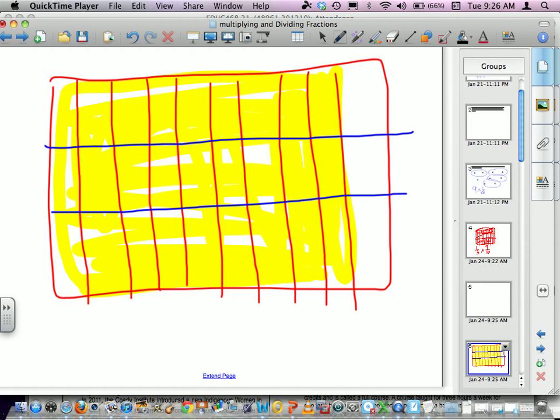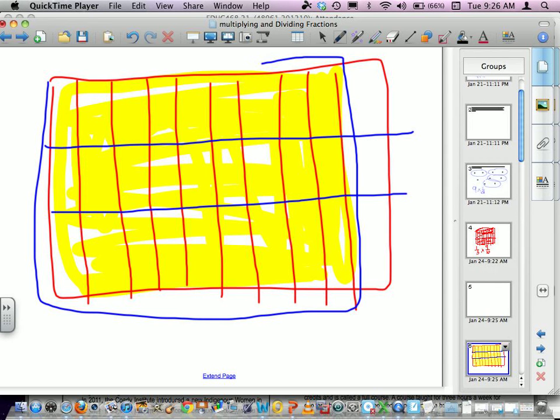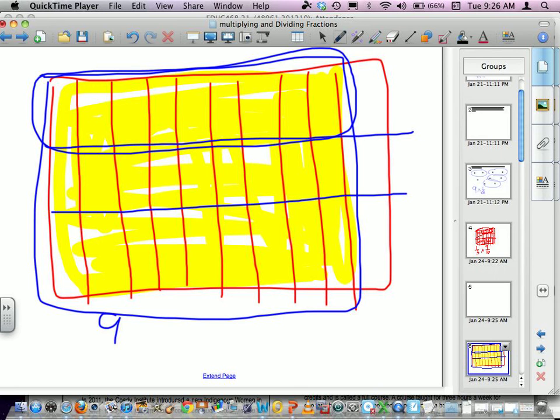Okay, so this whole space was the 9/10. 1/3 of it is this much, which is 9 shaded pieces out of how many pieces now? 30. 9 pieces are shaded out of a total possible 30 pieces, because I broke each column into 3 parts.